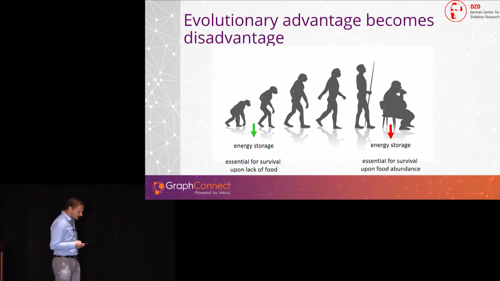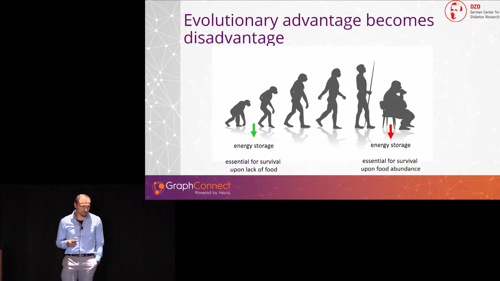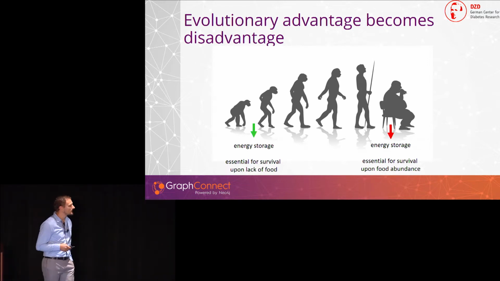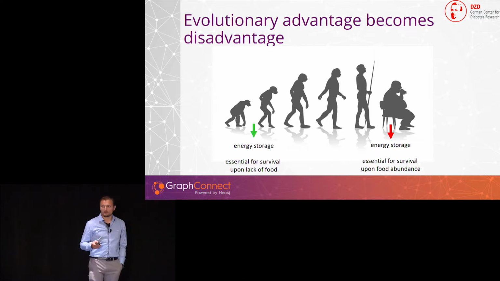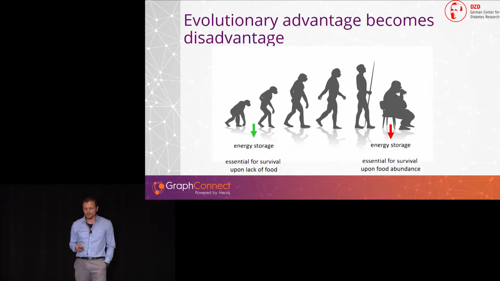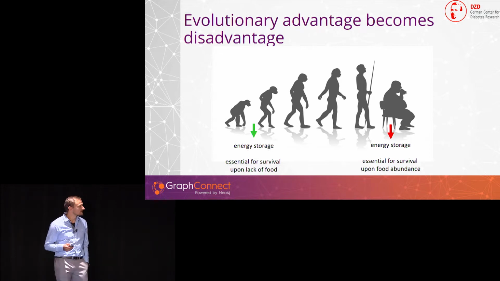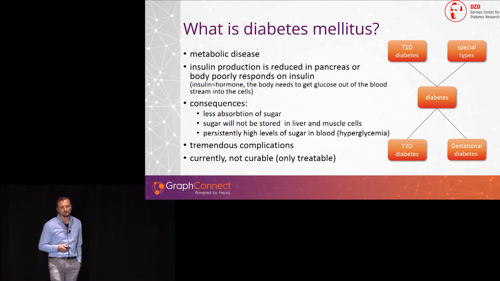This advantage turned out to be a disadvantage today, where we have supermarkets all over, and we have an abundance of food, and we still eat a lot, and this fat got stored, and we got overweight and obese. And this obesity is a problem because it mainly causes diabetes.